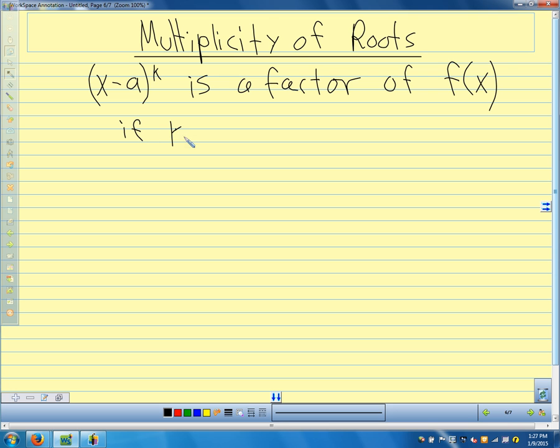If k is greater than 1, so we have our parentheses raised to a power, then we say that a is a repeated 0, and we say it has multiplicity k.